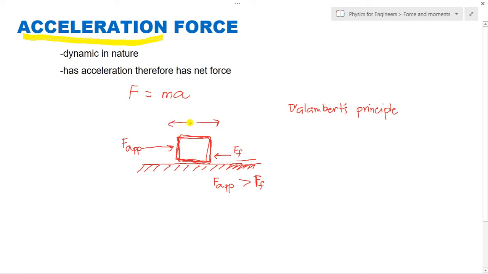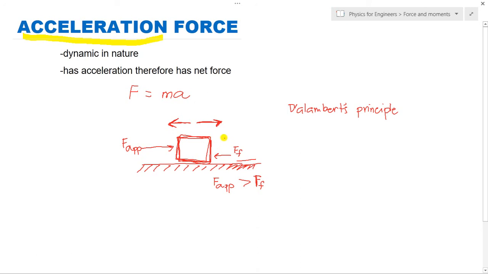So if you analyze it using vector notation, the direction of our acceleration, class, is opposite to our resulting force.